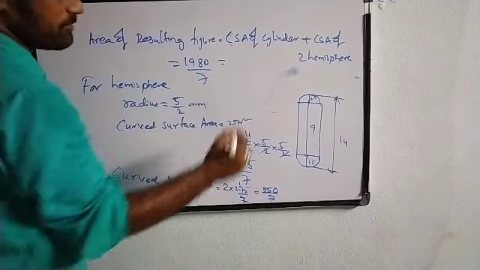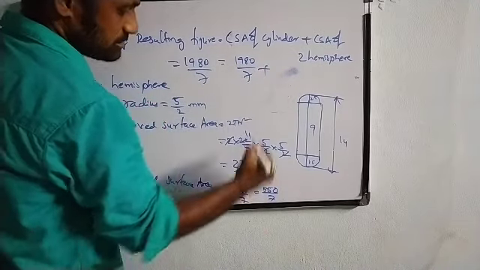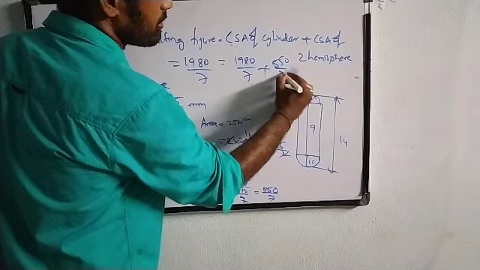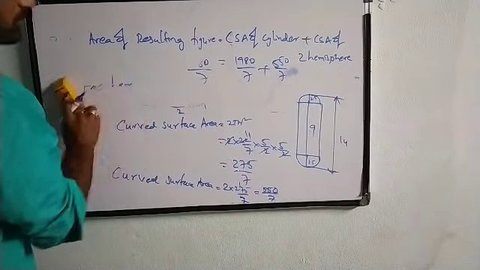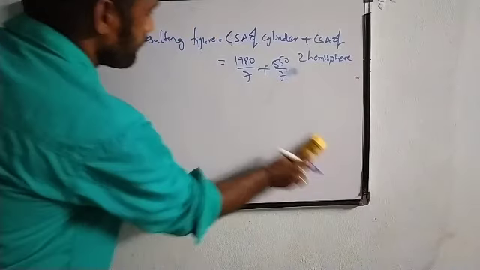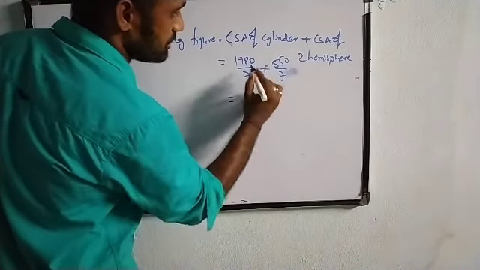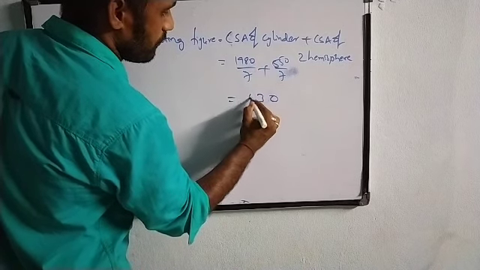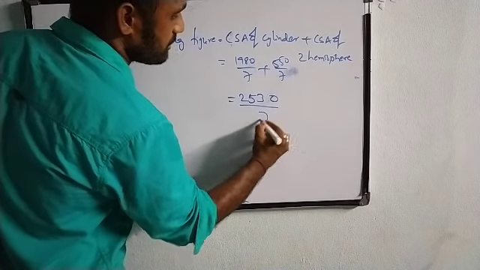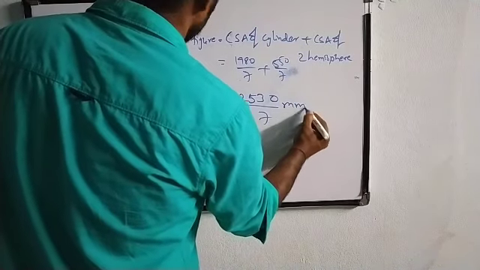That is 1980/7 plus 550/7. So the overall answer will be 2530/7 millimeter square.